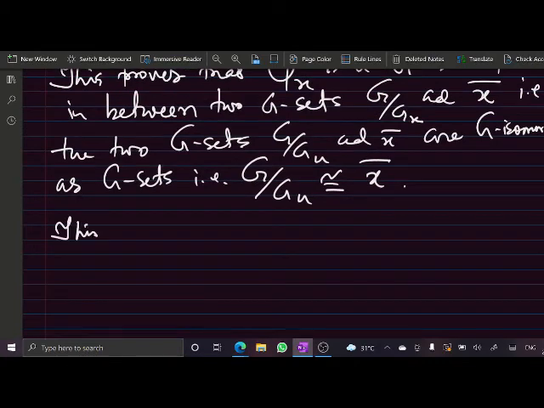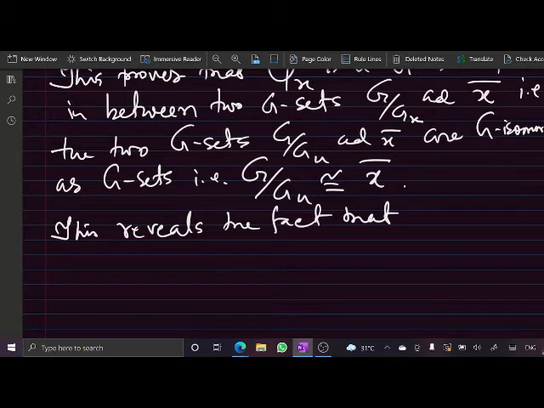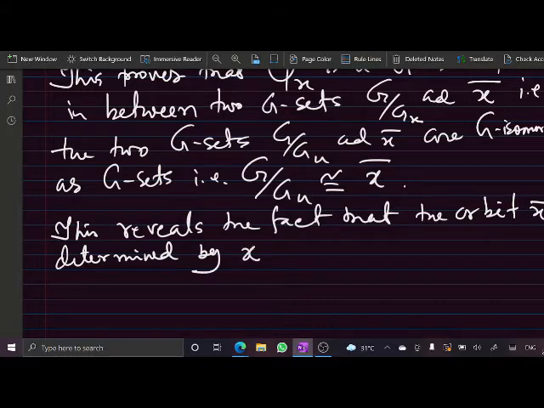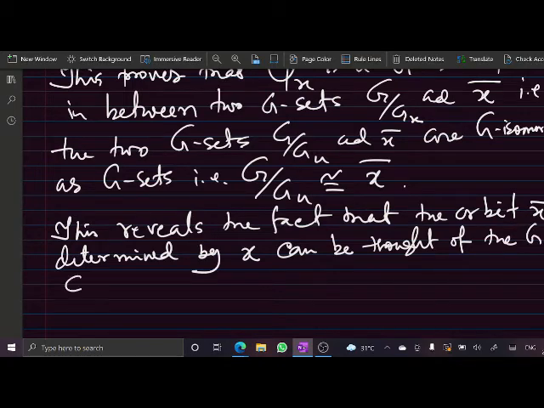And this reveals the fact that the orbit X bar determined by X can be thought of as the G set G by Gx, right?